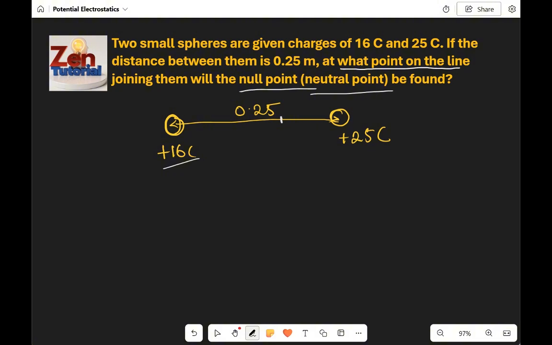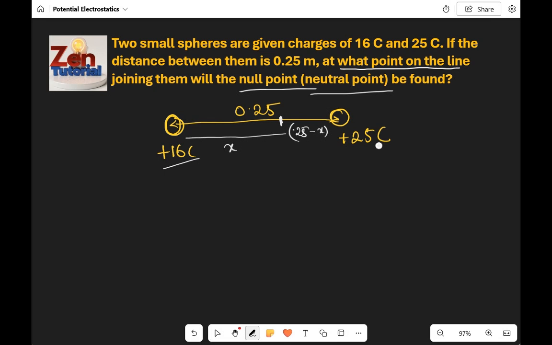As a result, at this point, let's say we find the null point. So up to this distance is x, and this is 0.25 minus x distance.